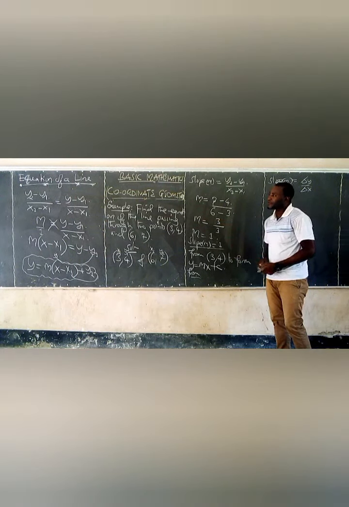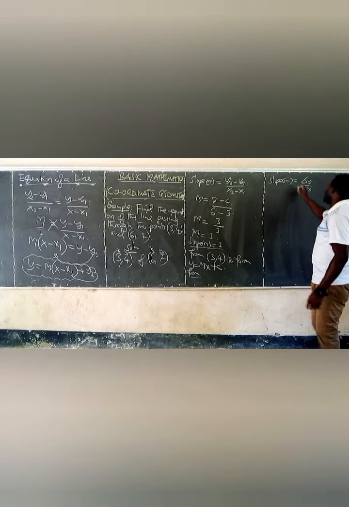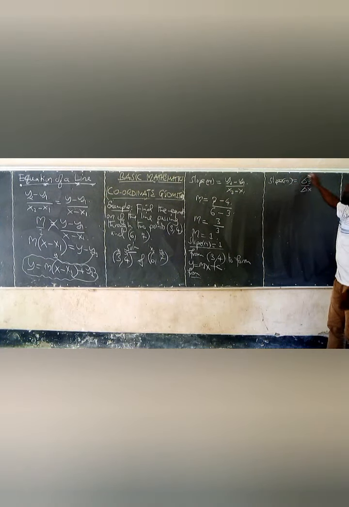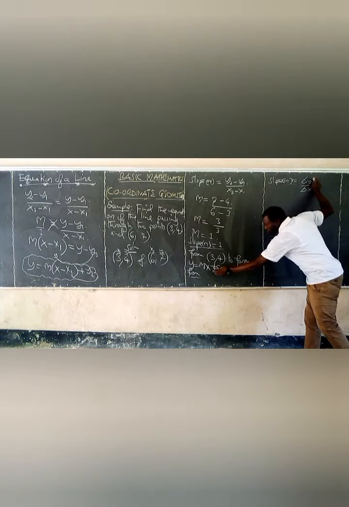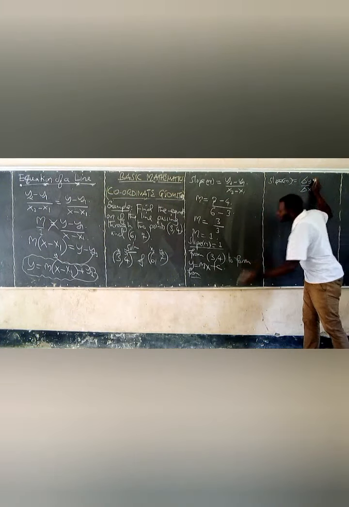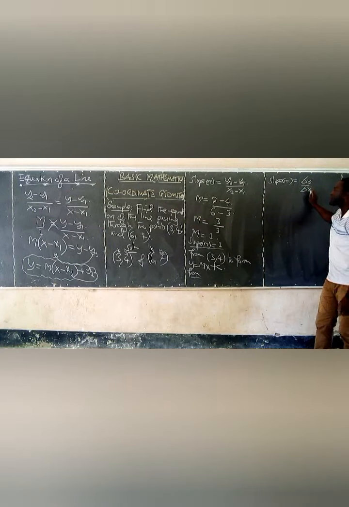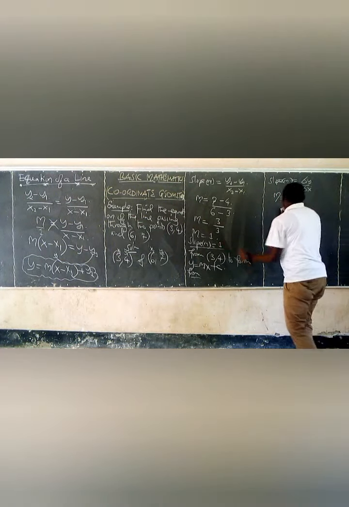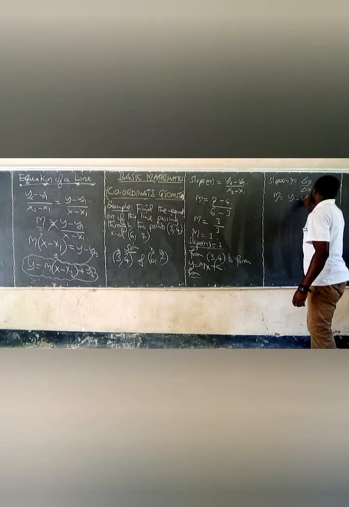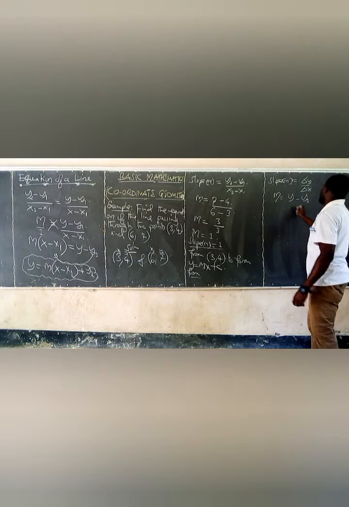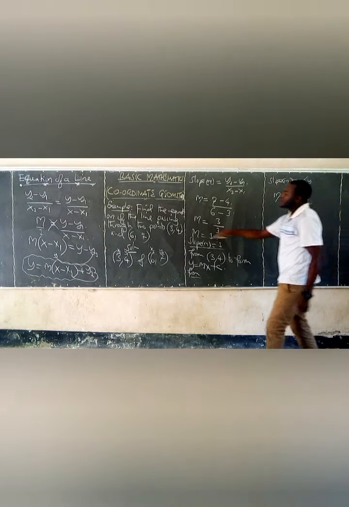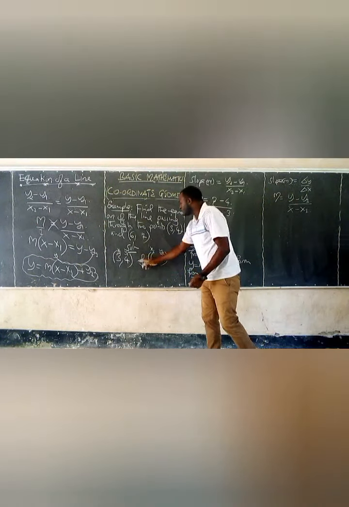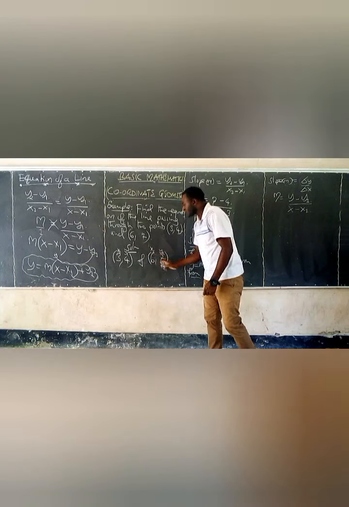Let's review where we proved that formula. Instead of writing change of y, when you are going to form the equation of the straight line, m as a slope is equal to y minus y1 over x minus x1. Once you find the slope, you write y2 minus y1 over x2 minus x1.